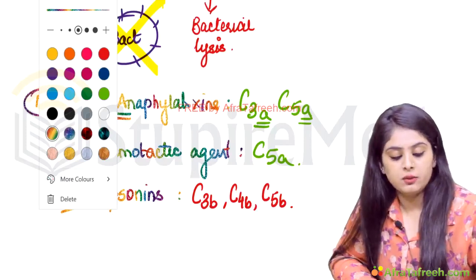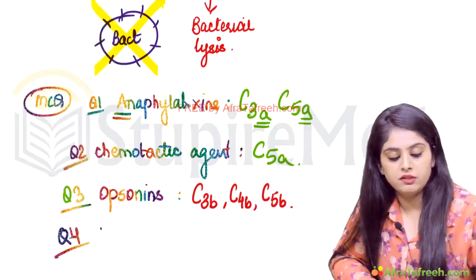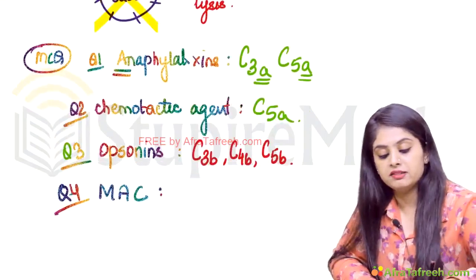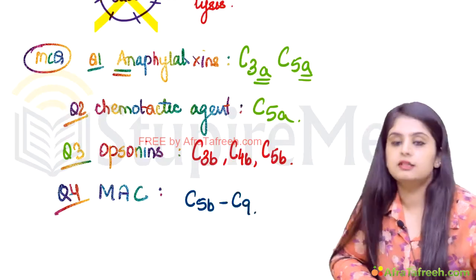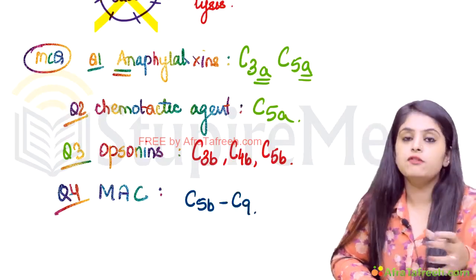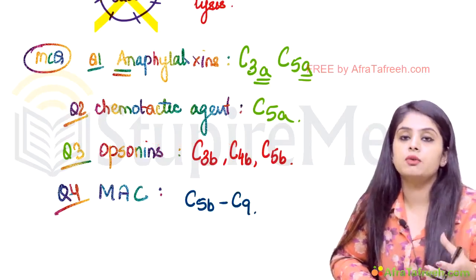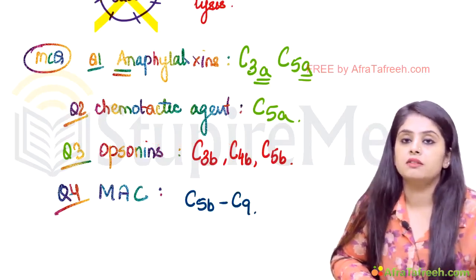And lastly, the question that comes is, what is the composition of MAC, membrane attack complex, and that is C5b to C9. So these are the 4 important MCQs that come out of this particular pathway.